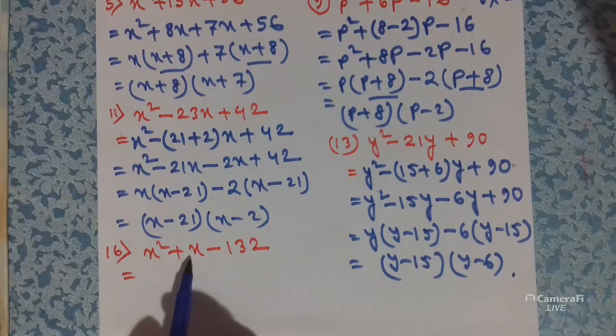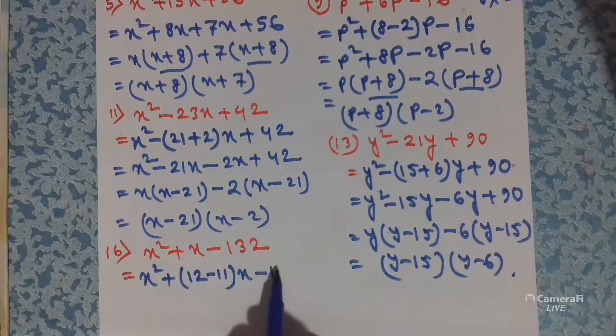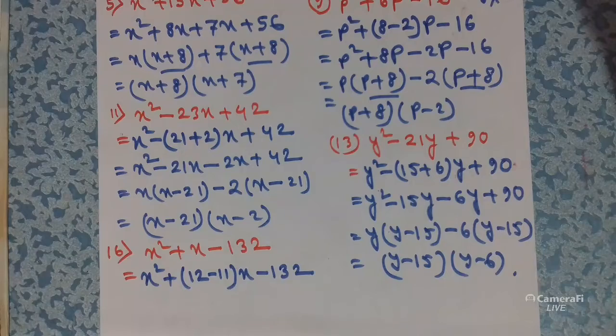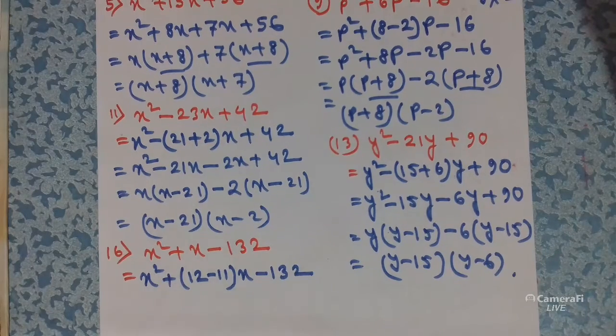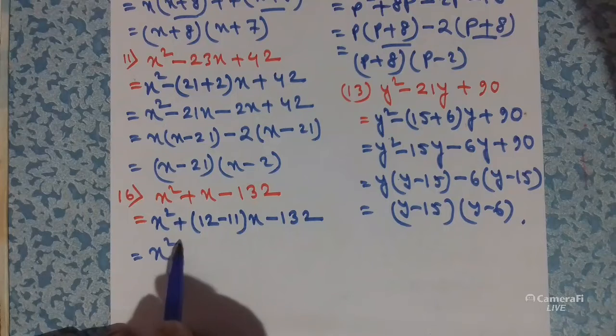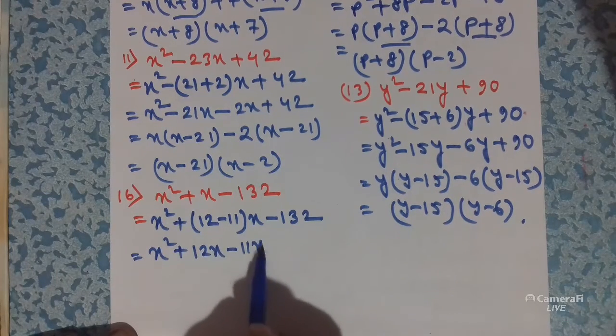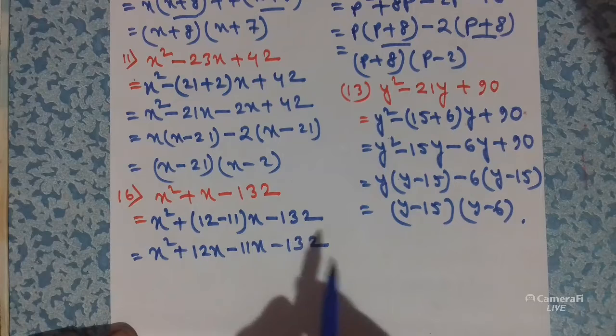So in the middle 1 will be there. So it can be written as x square plus 12 minus 11 into x minus 132, because 12 multiply 11 is 132 and 12 minus 11 is 1. Now remove this bracket, so it will be plus 12x and minus 11x minus 132.